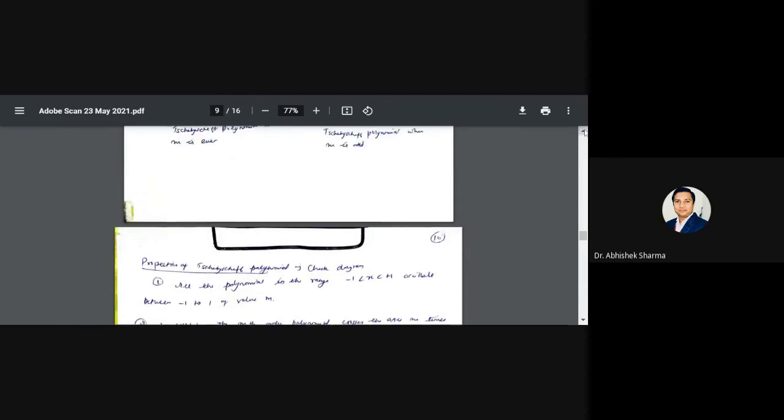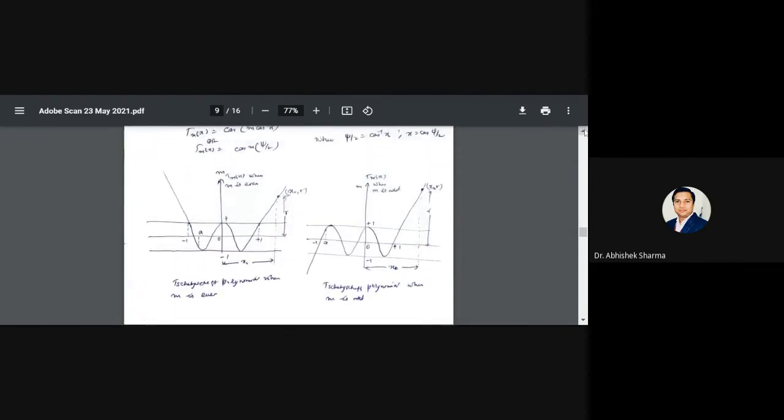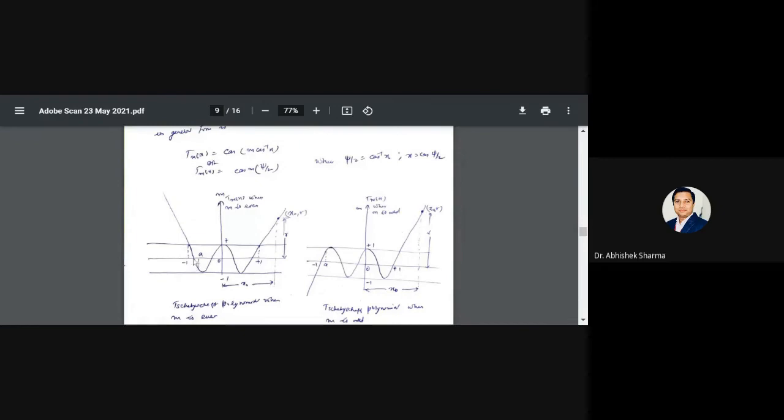It represents that all the polynomials in the range -1 to 1 oscillate between -1 to 1 in value. So either in this case or in this case, it oscillates between -1 to 1.